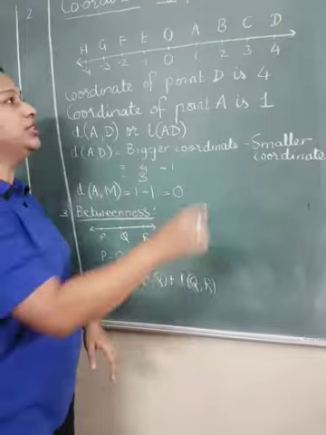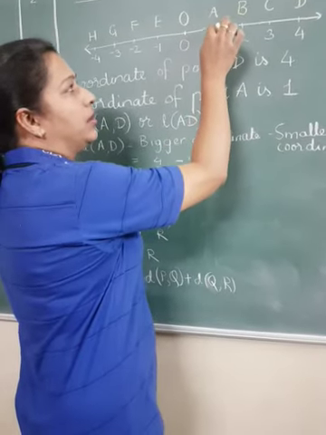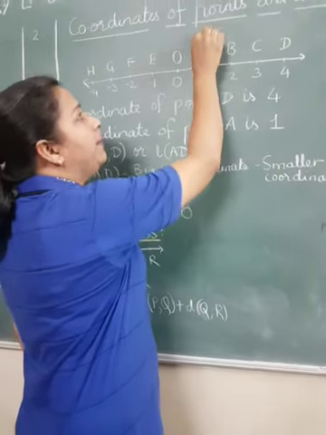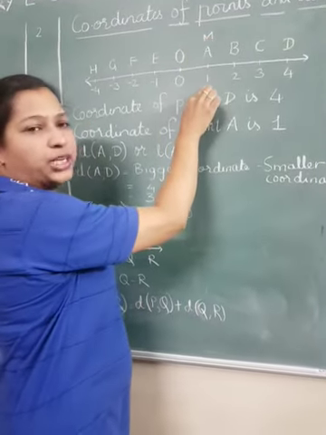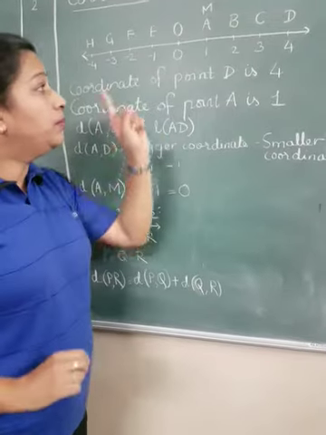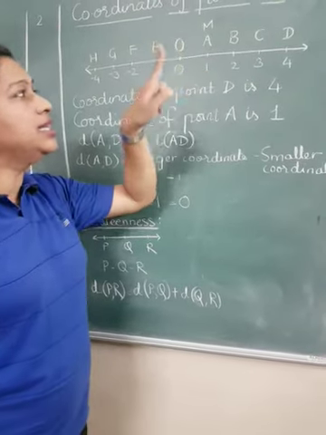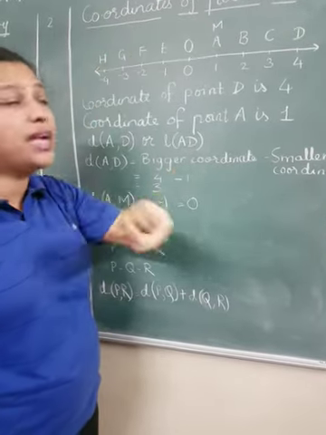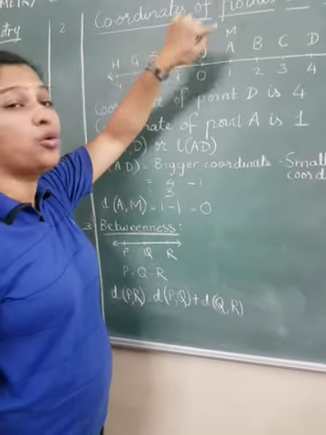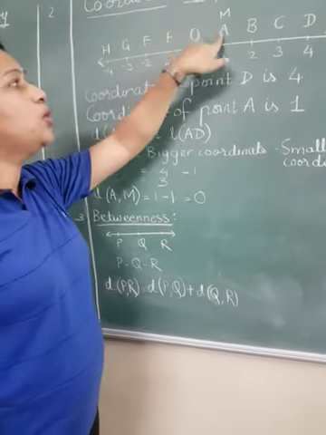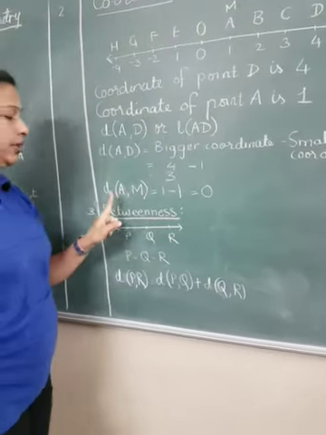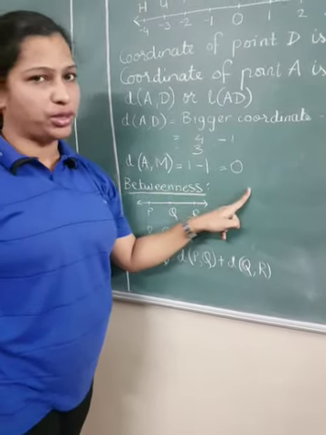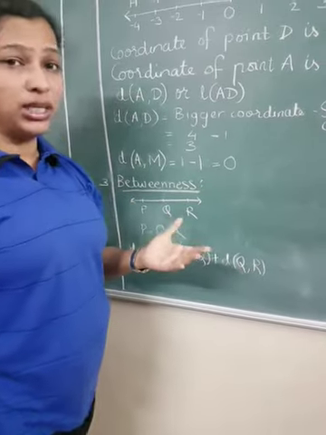Now just imagine if the point M also represents the coordinate 1. Now the coordinate 1 is represented by both the points M and A. That means these two points are overlapping. So what will be distance AM? Distance AM will be equal to 1 minus 1, which is equal to 0. So what do we conclude?